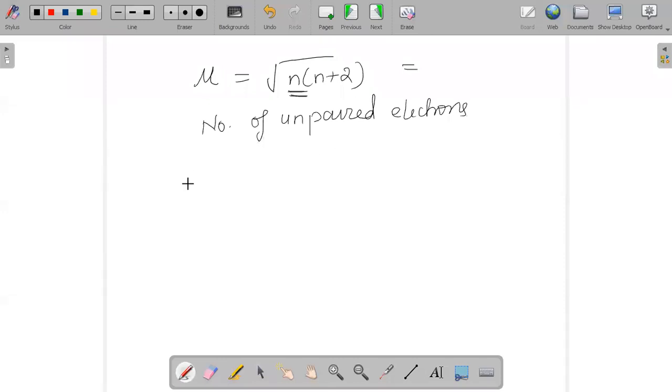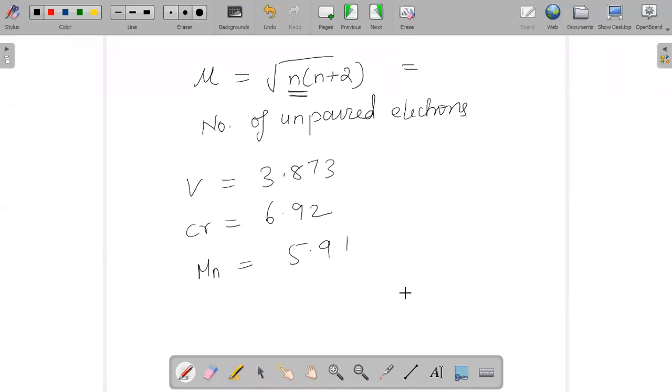And when you calculate, we will have 3.873 as the magnetic moment for V, Cr gets 6.92, and the next option, Mn, will take the value 5.91 respectively.